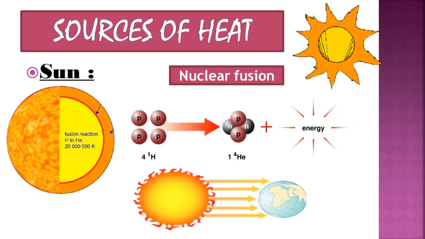Nuclear fusion is a process in which one or more light nuclei like hydrogen fuse together to form a heavier nucleus like helium, and they produce a large amount of heat, and that heat reaches the earth. So this is one of the sources.